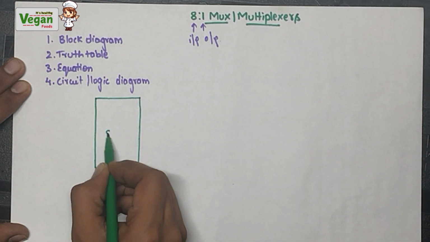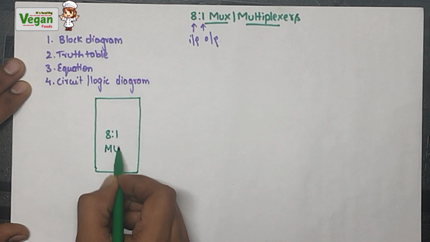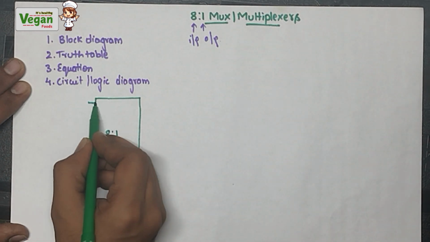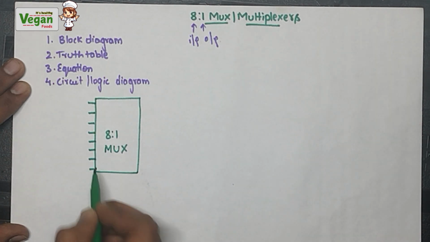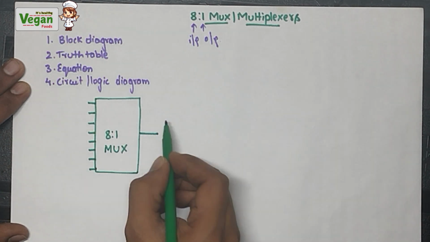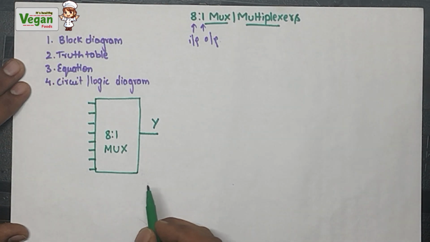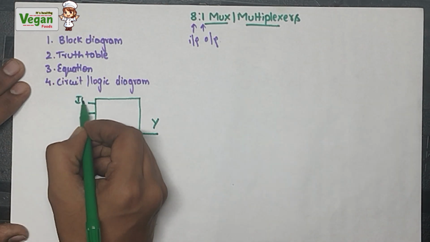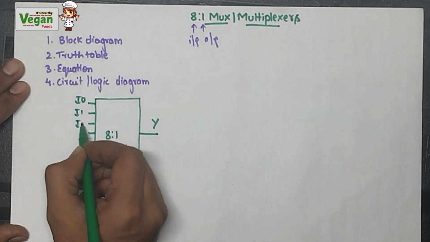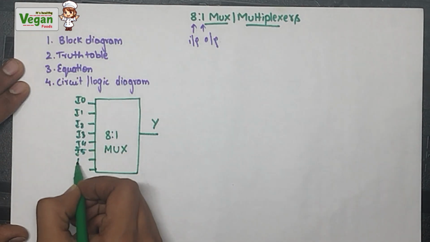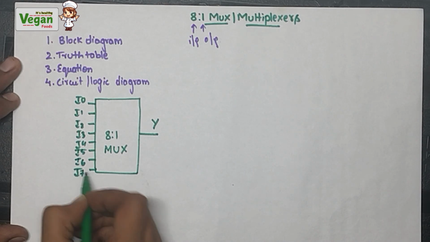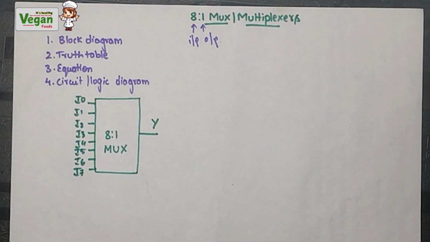This is the 8:1 multiplexer or MUX: 8 inputs, 1, 2, 3, 4, 5, 6, 7, 8, and a single output. Let me call this output Y and the inputs I0, I1, I2, I3, I4, I5, I6 and I7. So I0 to I7 means a total of 8 inputs and a single output Y.